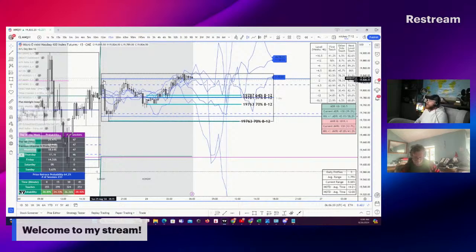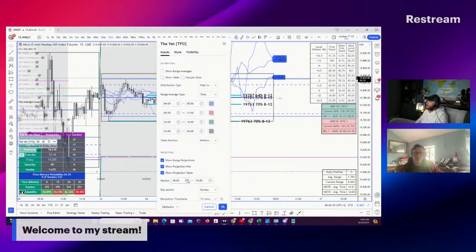I'm personally using 1800 to 1830 to build my projection base. Actually, I'm going to use the 1545 to 1645, say a 1 hour period.